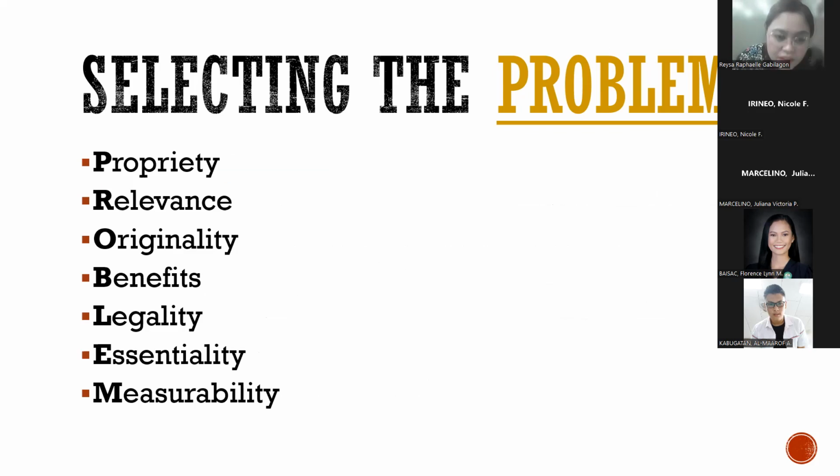So when you're going to select the problem, class, please take note of the following. We also abbreviate it as PROBLEM. So number 1, propriety. Yung research problem nyo ba appropriate sa field ninyo? Pharmacy related ba yan? And at the same time, yung gagawin nyo ba is appropriate for the needs of the community or your target respondent?